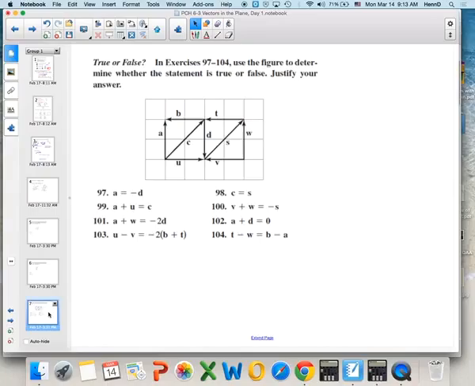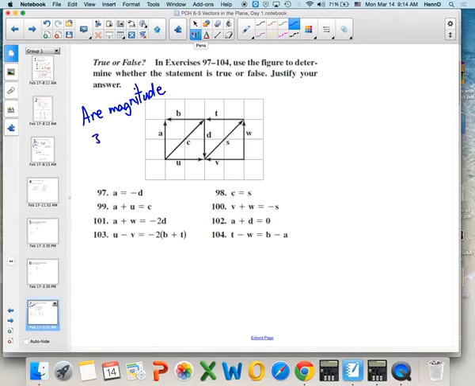No. Think about what the magnitude and direction are, and whether they are the same.